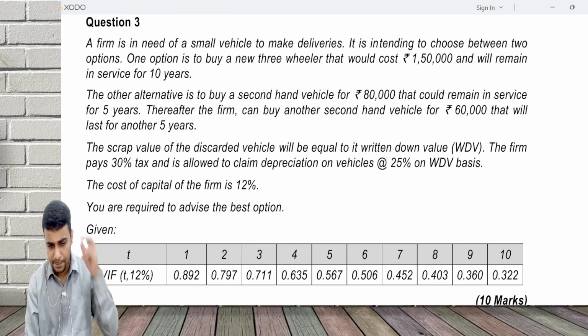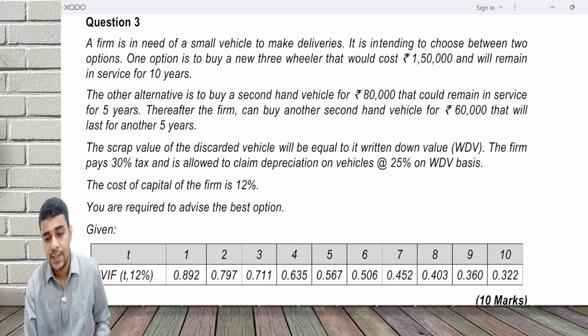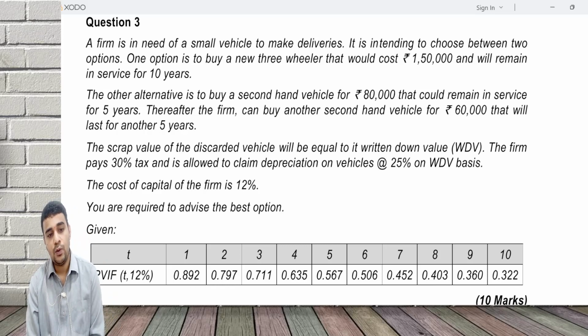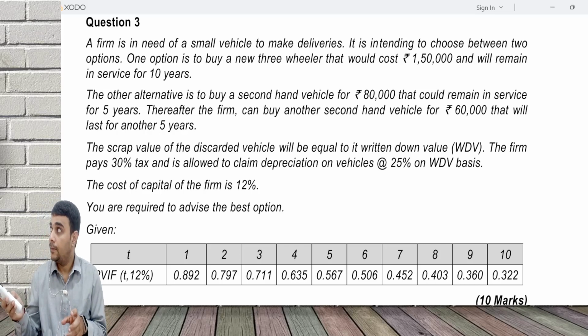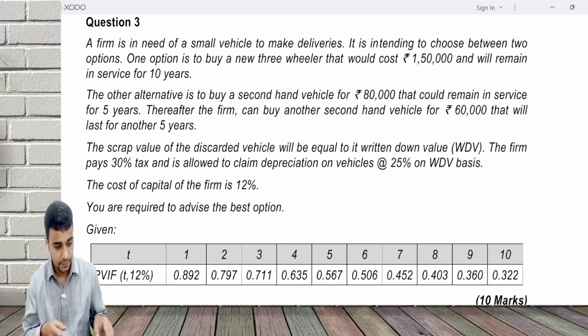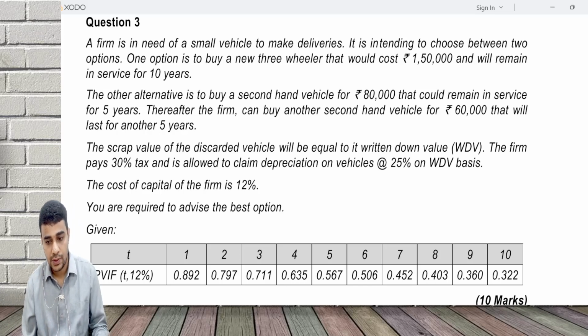The firm pays 30% tax, claims depreciation at 25% on WDV basis, and cost of capital is 12%. You are required to advise the best option. Go through this question.